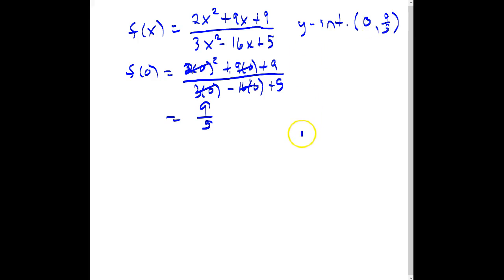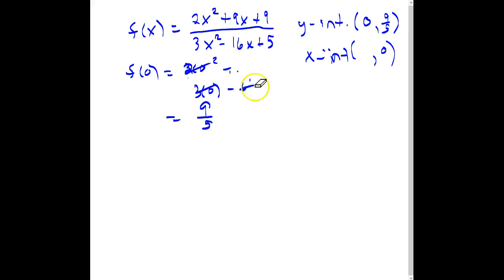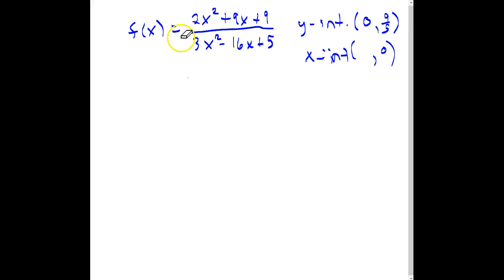Okay, let's look for the x-intercept. Now the x-intercept is where my y equals 0. Okay, so this time, I'm going to go ahead and erase this, and we'll find our x-intercept here. This time, I'm going to set this equal to 0.